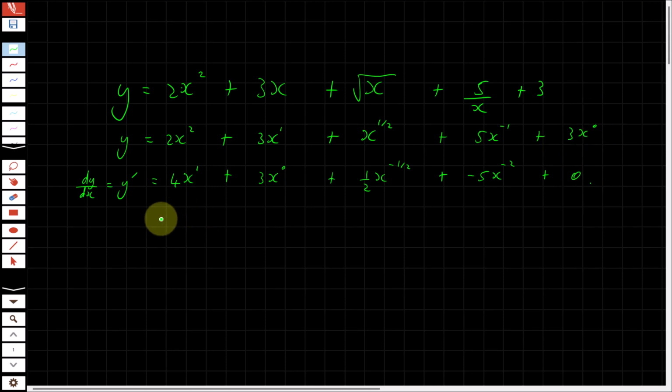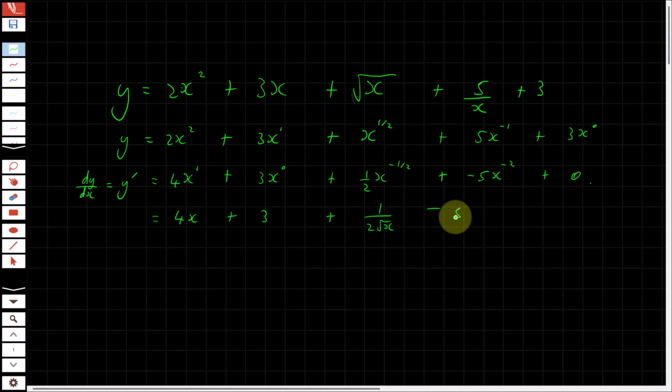So tidying this up a little bit, we have 4x plus 3 plus this term here, we can rewrite it into the square root form. The negative half forces the x to the bottom line, so we have 1 over 2 square root of x.